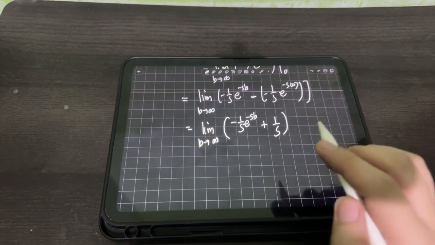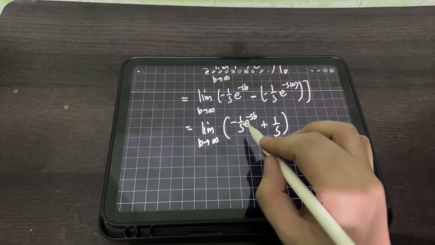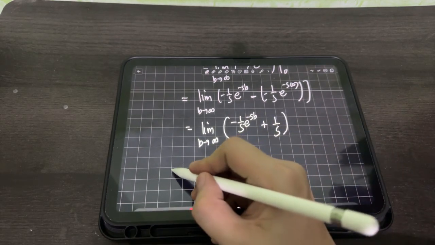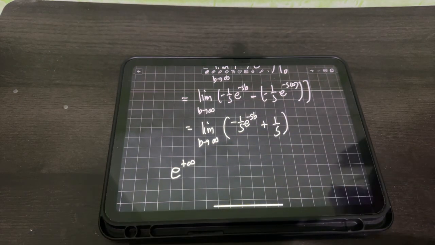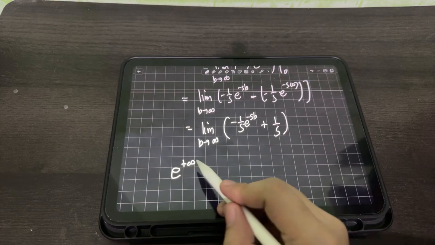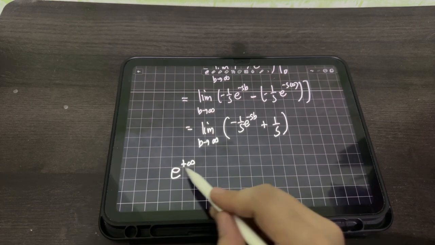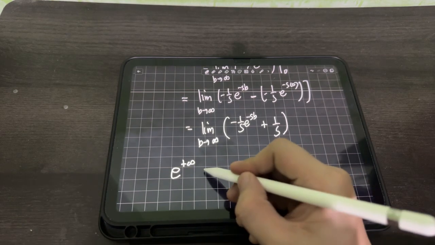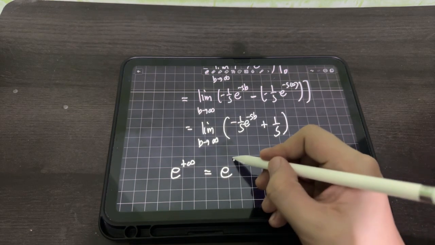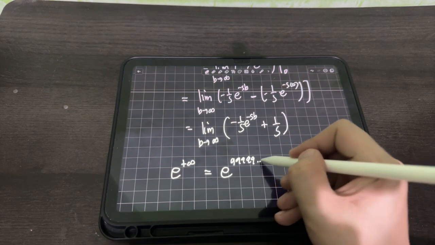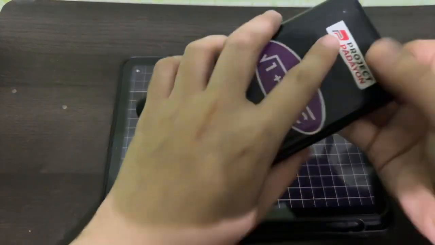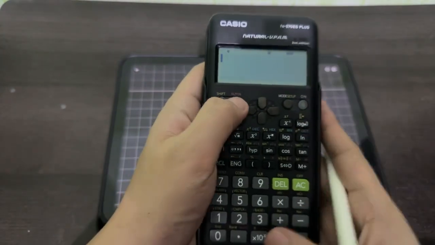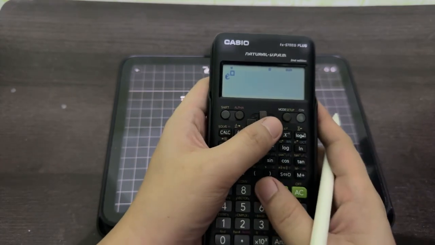So consider cases of powers of e. If you have e raised to positive infinity, what will be the value? Let's say you substitute a big value here instead of using positive infinity, say e raised to 9999 and so on. If you use your calculator, you will notice that it will become large.